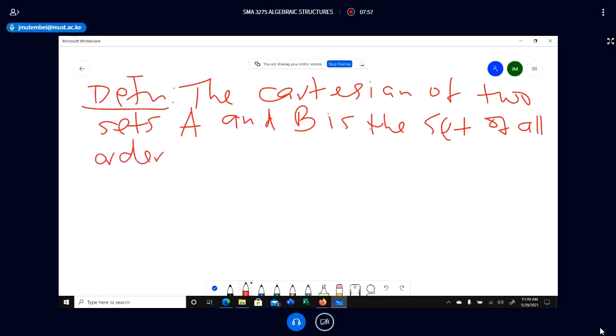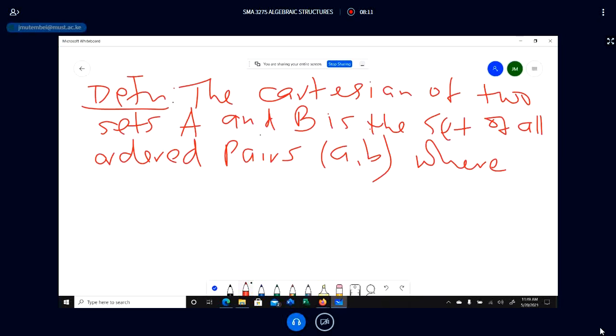Now we know what an ordered pair is. All ordered pairs (a, b), where a belongs to set A and b belongs to set B.